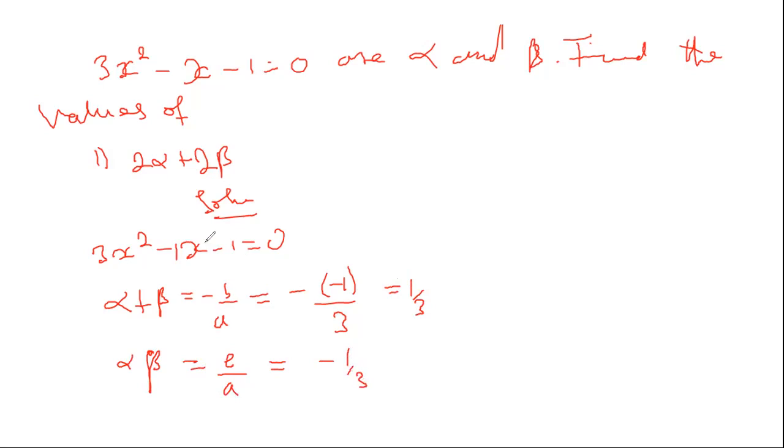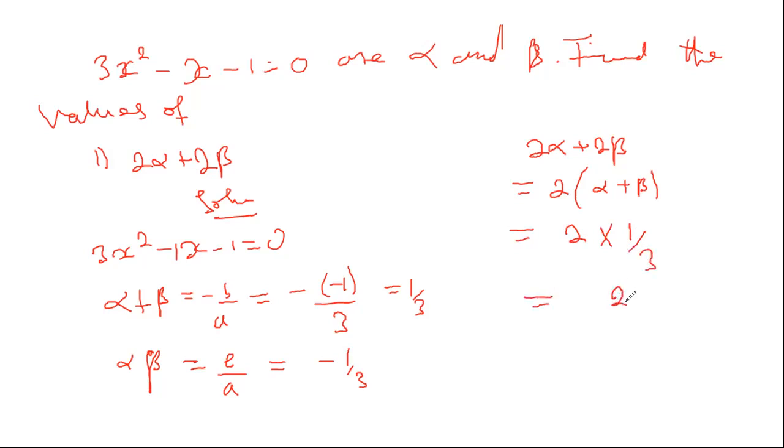Then we get back to our 2 alpha plus 2 beta. When we factorize out a 2, we remain with alpha plus beta. But what is the value of alpha plus beta? The sum is 1 divided by 3.